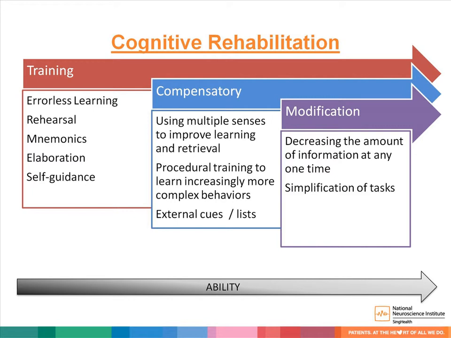So depending on the cognitive ability, motivation, and emotional status of the survivor, one can provide training to rehabilitate the cognitive function, and with those who have lower ability, teach compensatory mechanisms to adapt to the cognitive difficulties, or, at the lowest level of ability, modify the tasks and environment to accommodate the survivor's loss of functional ability due to cognitive impairment. Where possible, we should aim to meet the survivor where they are at and offer them an opportunity to be as independent as possible in doing their day-to-day tasks.